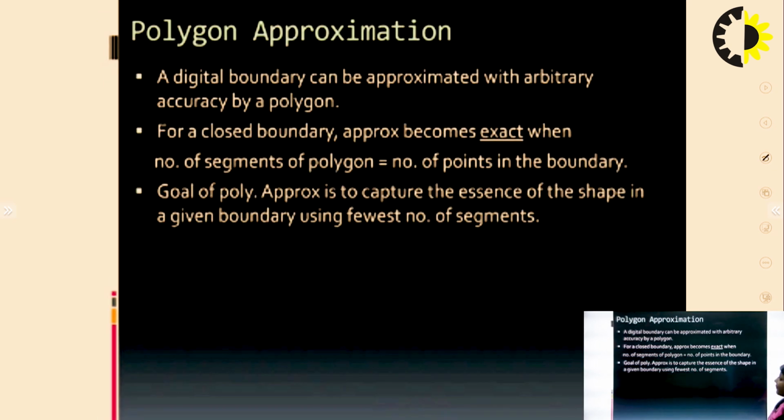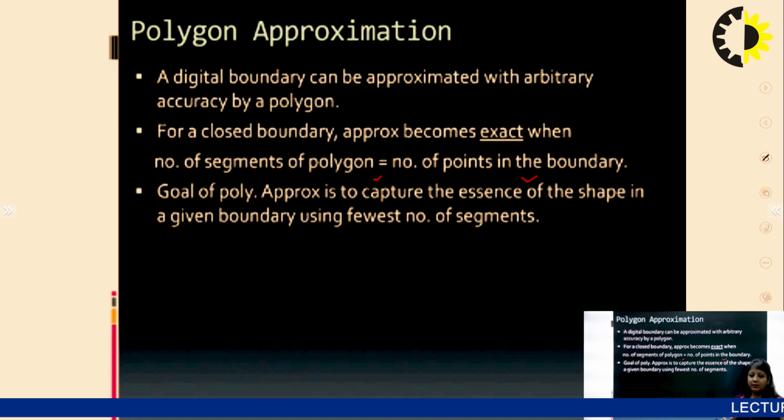Next is polygon approximation. In polygon approximation, the digital boundary can be approximated with arbitrary accuracy by a polygon. So we have to approximate the boundary of the polygon. For a closed boundary, the approximation becomes exact when the number of segments in the polygon equals the number of points in the boundary.